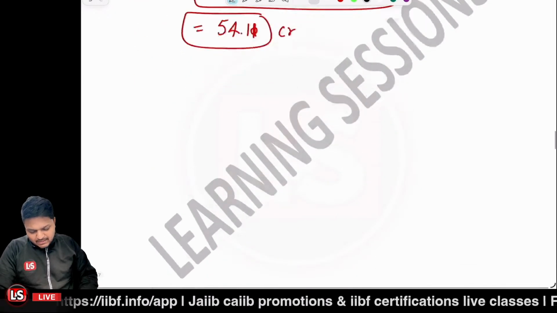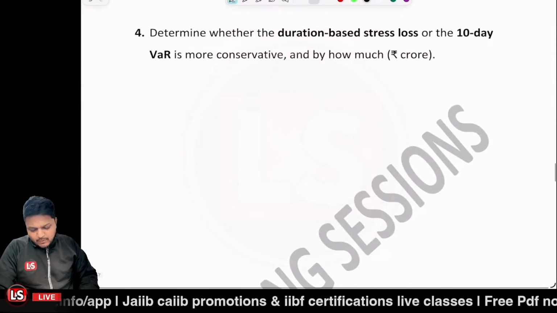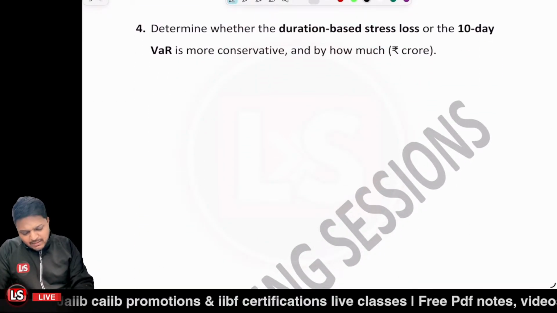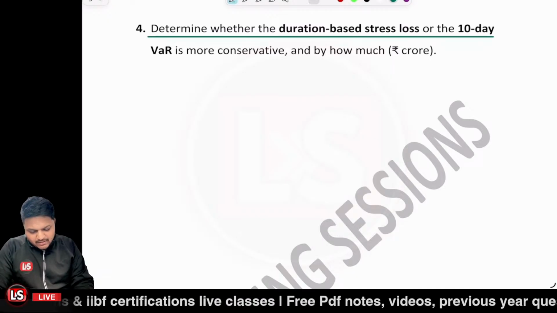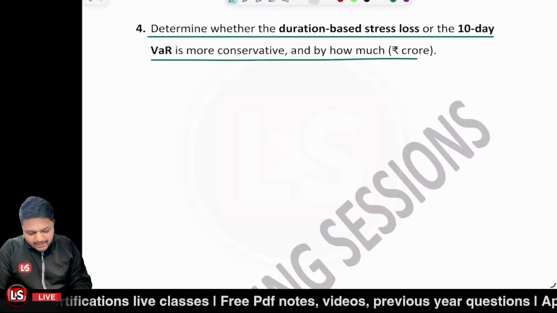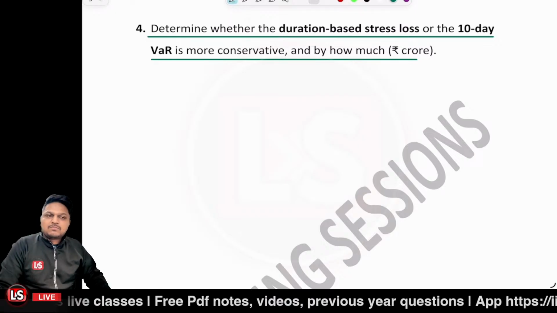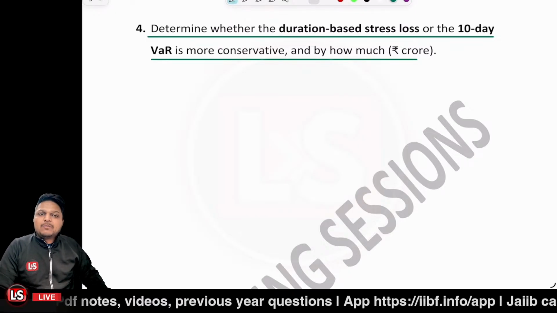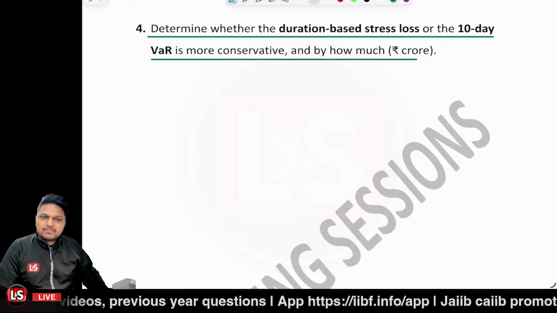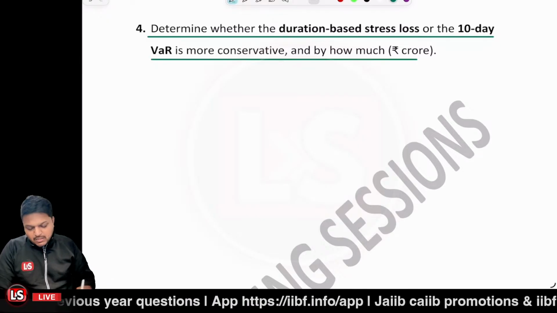Have you understood this part so far? Now, let's go to the next question. It's about determining whether the duration-based stress loss or the 10-day VAR is more conservative, and by how many crores. Now we have to compare the two, right?